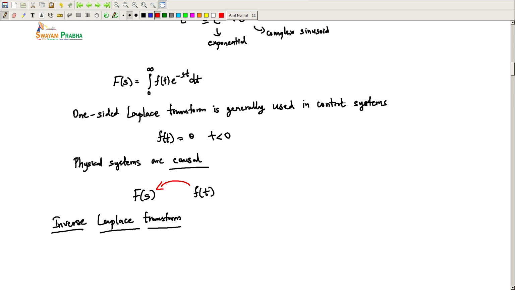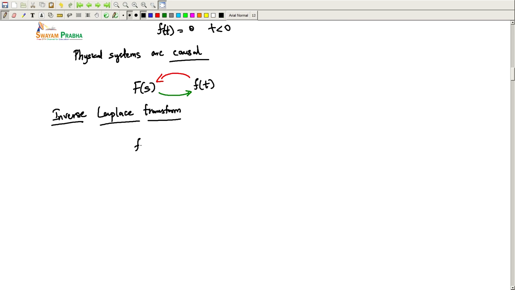Now, what the inverse Laplace transform does is given F of s, find f of t.